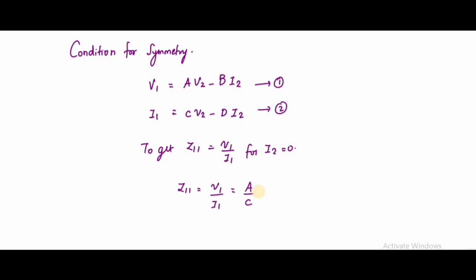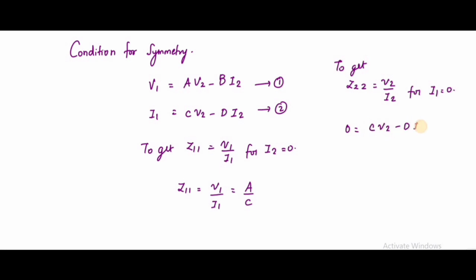You will get A V2 divided by C V2, that is nothing but A by C. Next, to get Z22: Z22 is equal to V2 divided by I2 for I1 equal to 0.